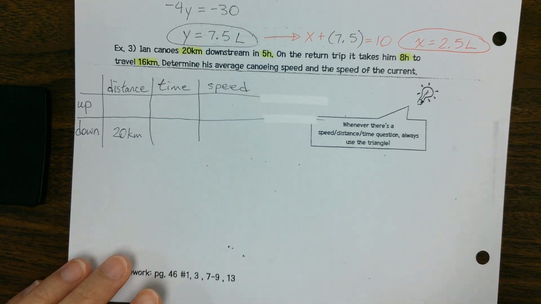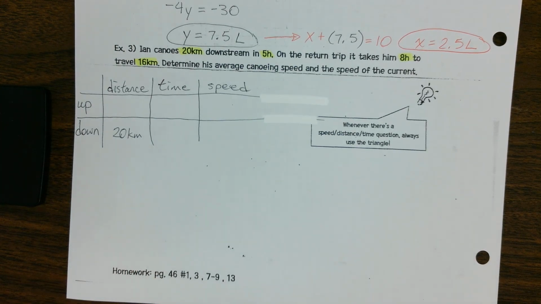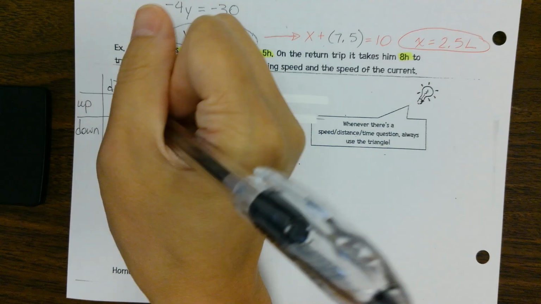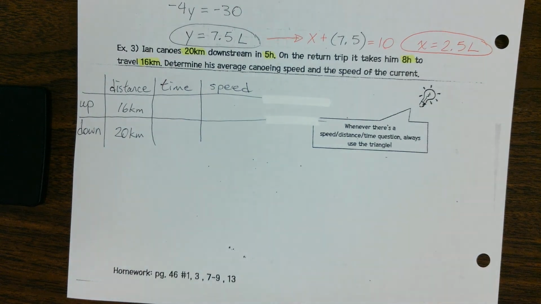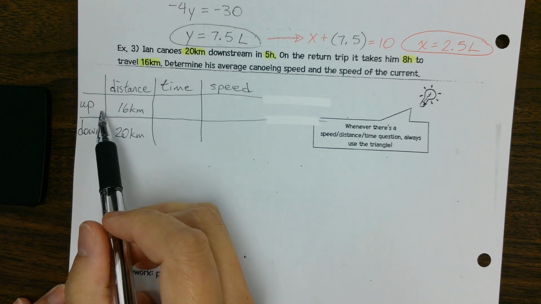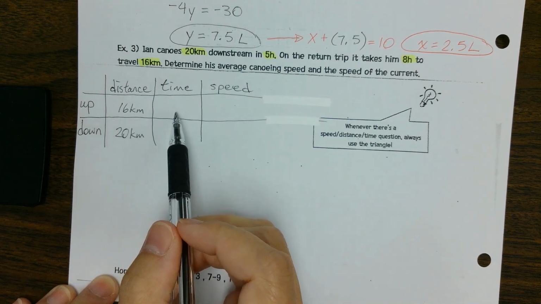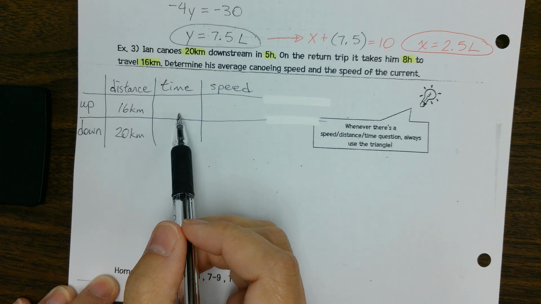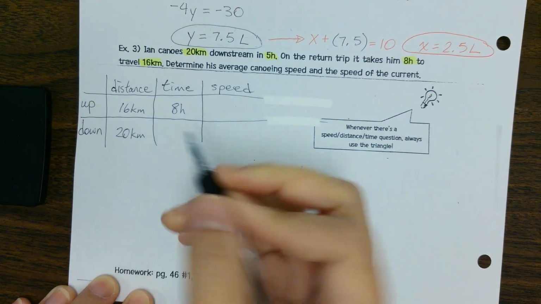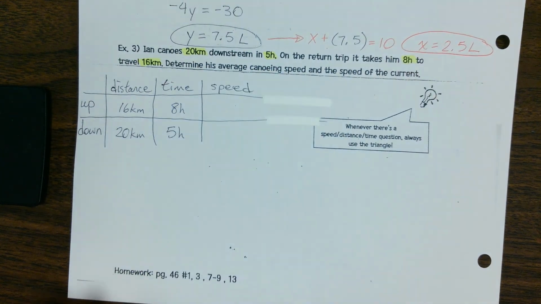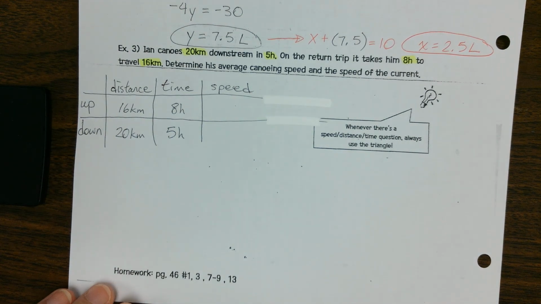So what was the distance for upstream? 16 kilometers. For upstream, how long did it take? 8 hours. And for downstream, it was 5 hours. Okay, the speed. Now we actually do equations.